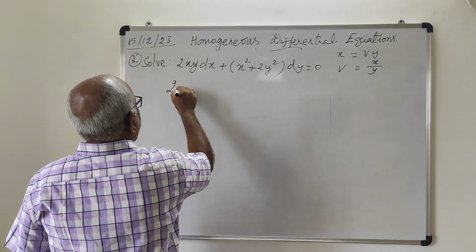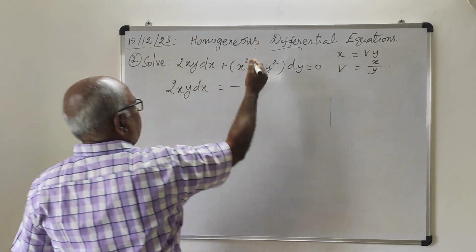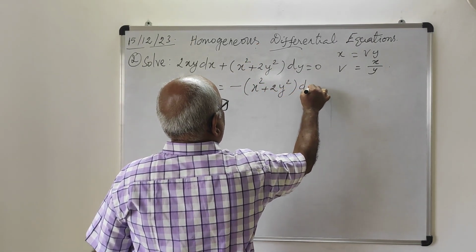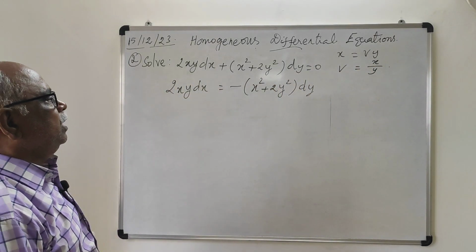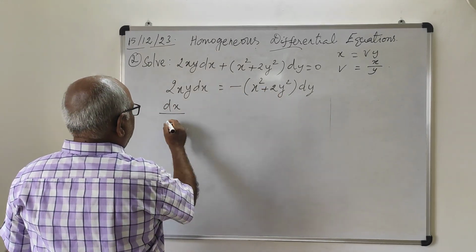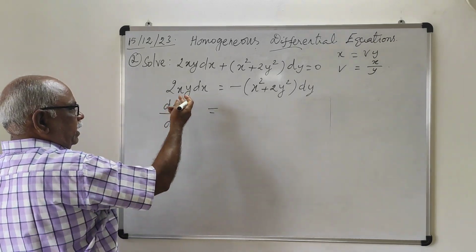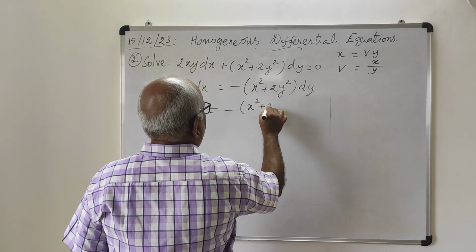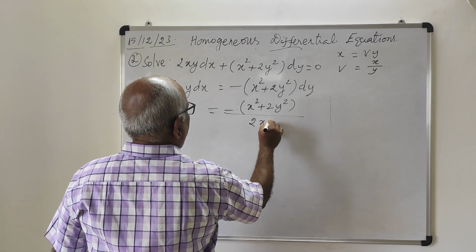Here also you consider this 2xy dx in the left hand side, and you take the other term, minus of x square plus 2y square into dy, to the right hand side. Now dx by dy equal to minus of x square plus 2y square divided by 2xy.